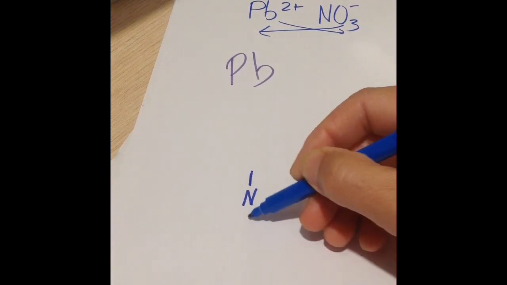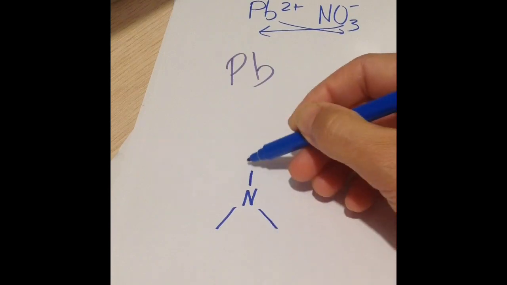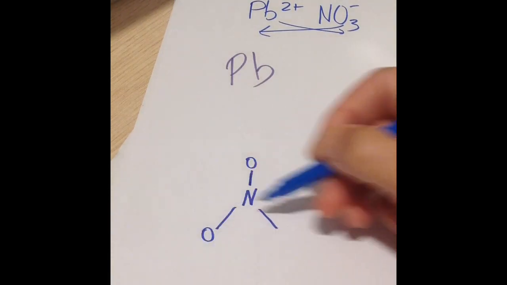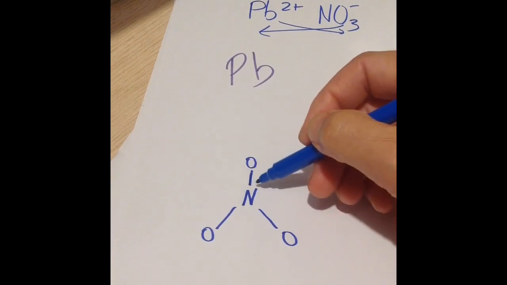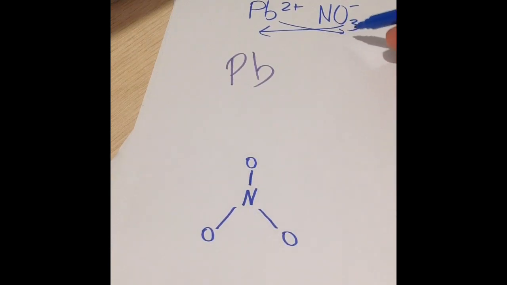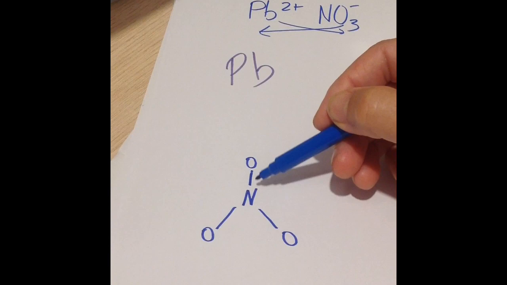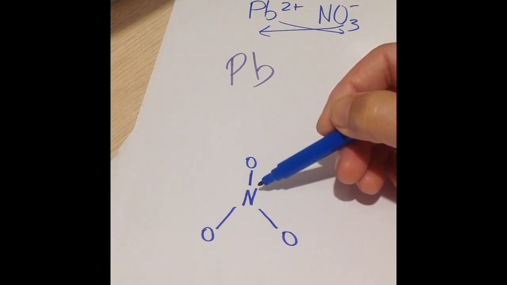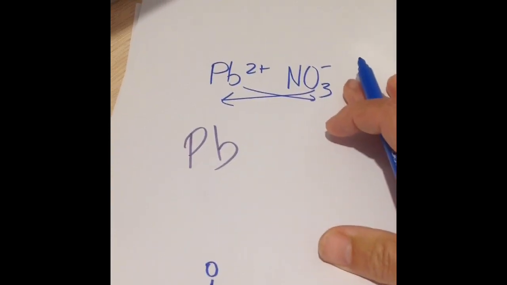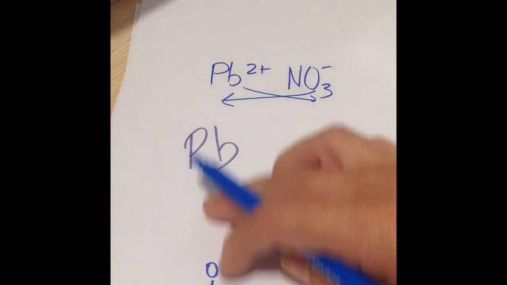Nitrogen, here's a bond, here's a bond, here's a bond, and there's 3 oxygens attached to 1 nitrogen. So that's what we mean when we write NO3. So these oxygens are attached to the nitrogen. We can't separate them. So going back to our swap and drop, we've got Pb.